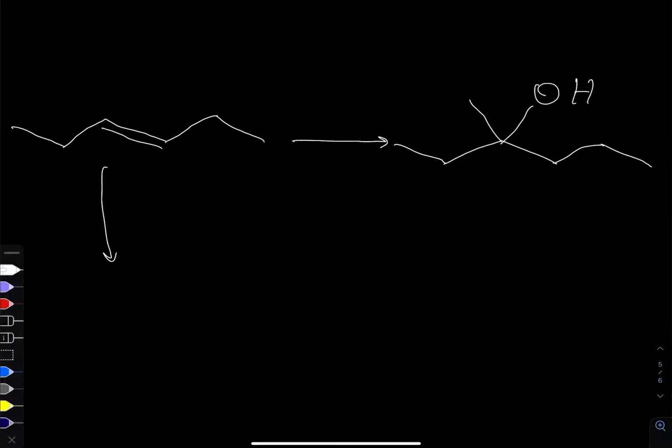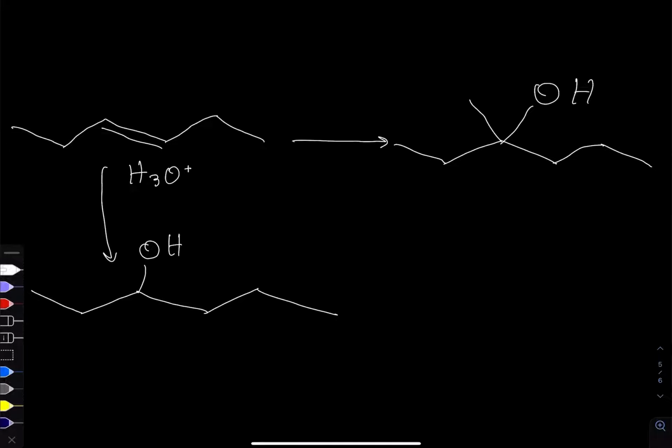First, you can get rid of the double bond and add something there. You can put a hydroxyl there, and the way you do that is, let's say the double bond goes away and we have a hydroxyl. You can do that using any process, so we're going to use acidic hydration for this example.